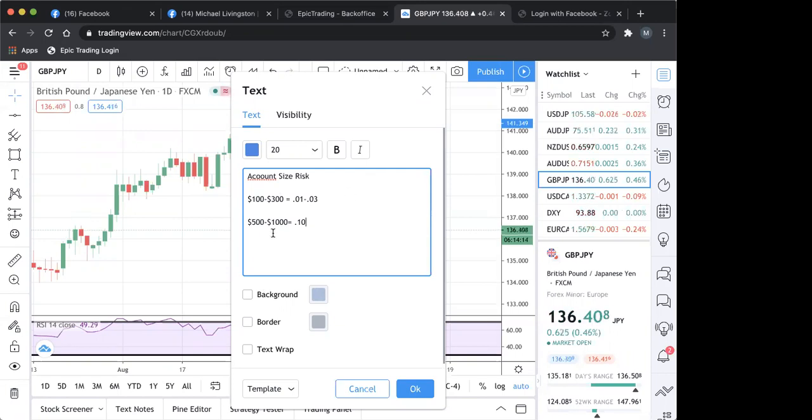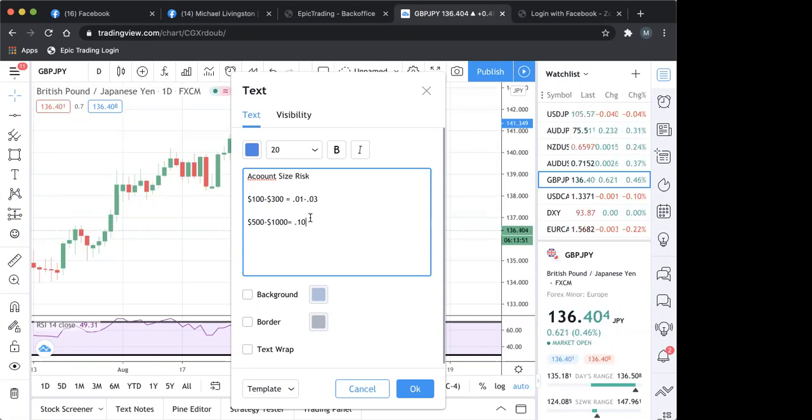Because you catch 30 pips, that's $30. We caught 2,500 pips last week. That's $2,500. That adds up fast. A 10-cent lot is pretty reasonable because you catch 20 pips, that's $20. That adds up pretty quick.